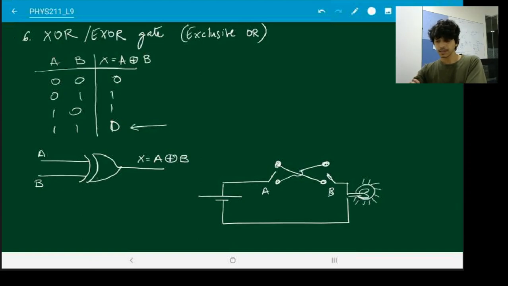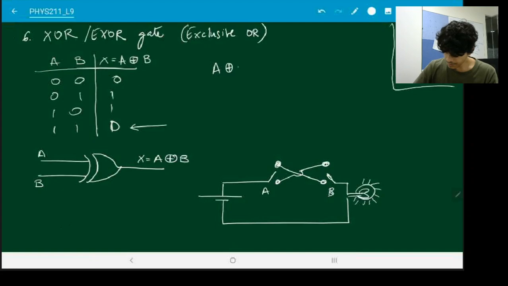There is a simpler way of writing this XOR operation. A XOR B can be written as A and not B plus not A and B. How should we verify this?